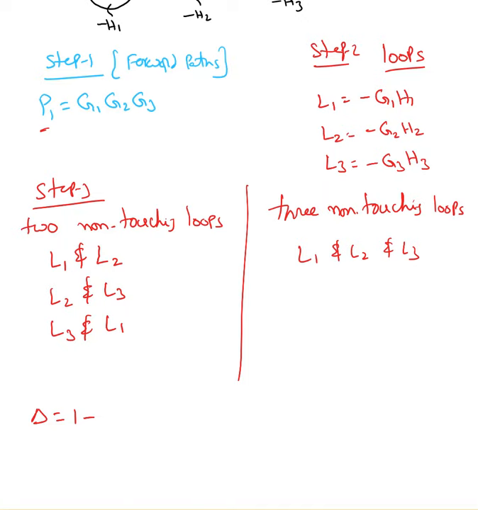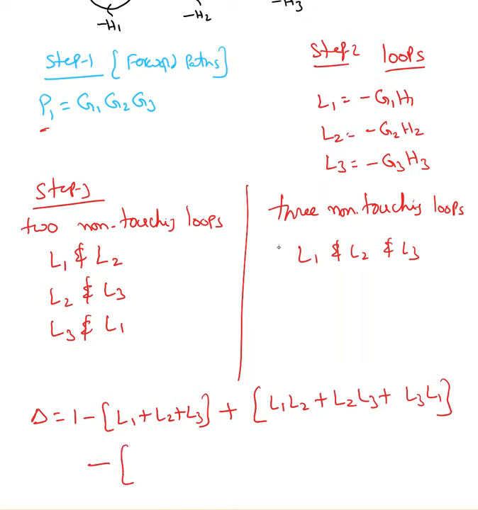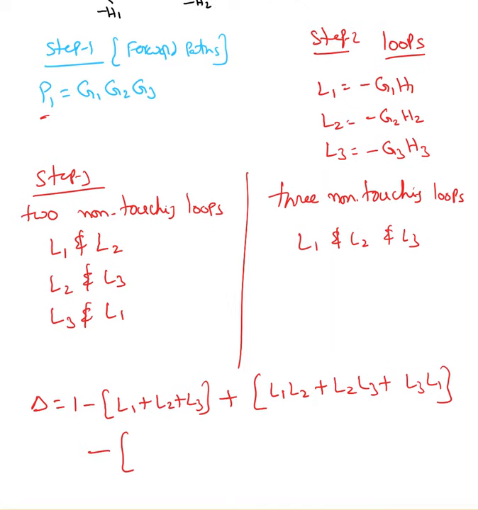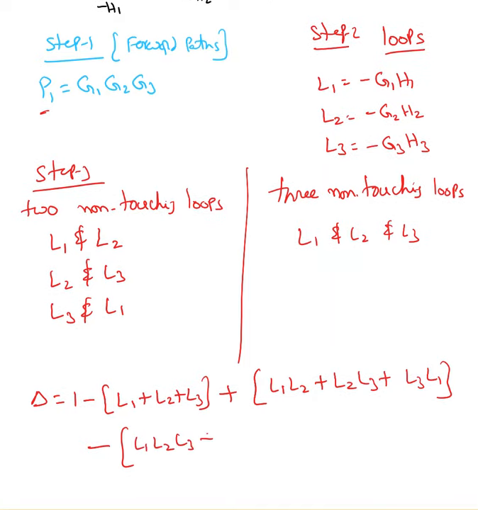Now we're going to find delta equal to 1 minus (L1 plus L2 plus L3), plus the sum of the multiplications of all 2 non-touching loops, so L1 times L2 plus L2 times L3 plus L3 times L1, minus the sum of the multiplications of 3 non-touching loops, which is L1 L2 L3, plus, if you have others like Lx Ly Lz, you add those too.